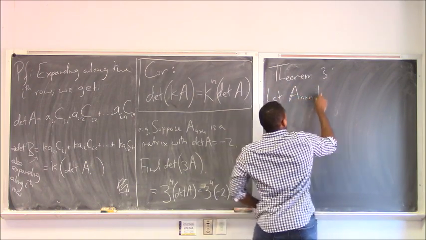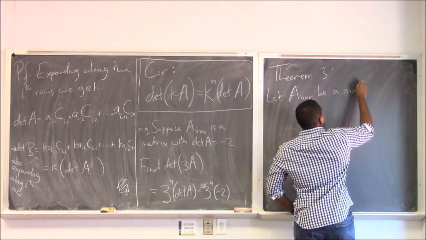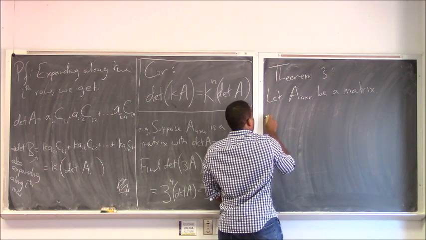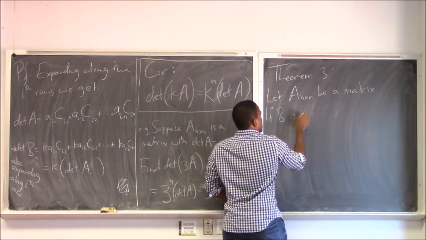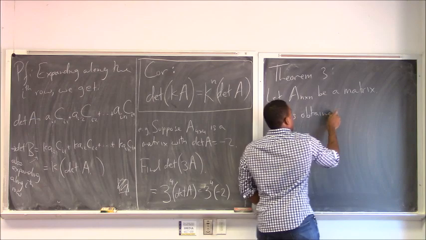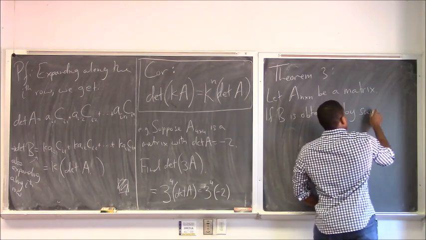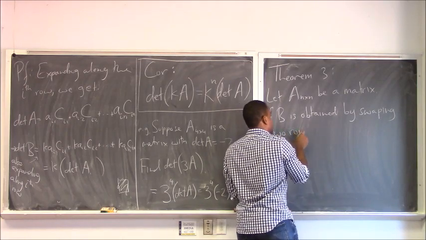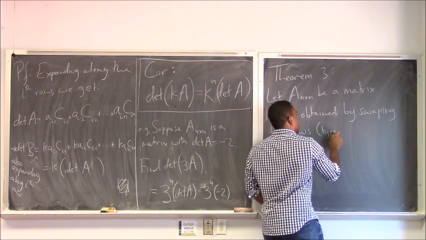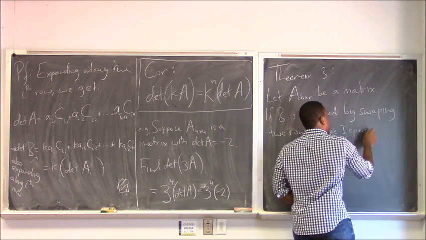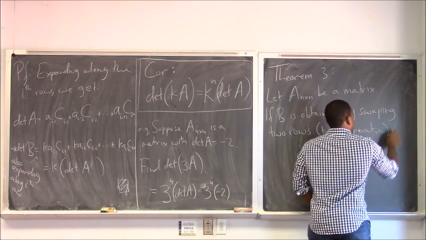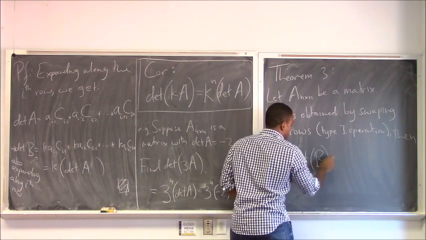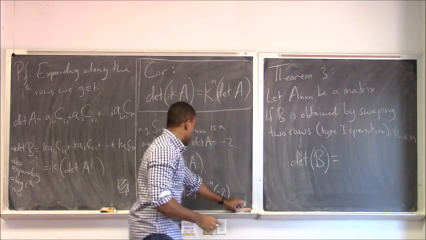Let A be an n by n matrix, and if B is obtained by swapping or interchanging 2 rows, i.e. a type 1 operation, then the determinant of B, does anyone know what swapping rows does?